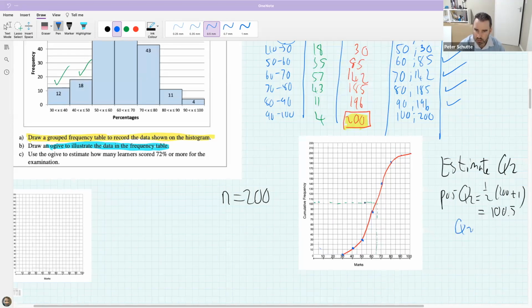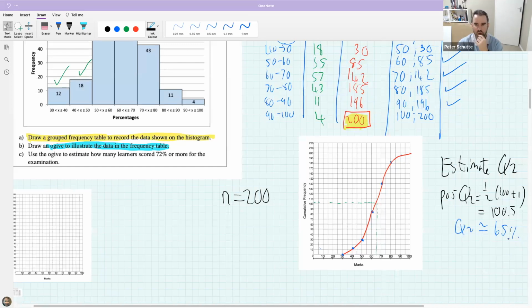It's not perfect, but I'm going to say approximately 65%. So that is going to be the median. So 50% of students scored below 65 for their accounting exam, and about 50% scored above 65. From a teacher's point of view, that's actually quite a good result when half your students score above 65.